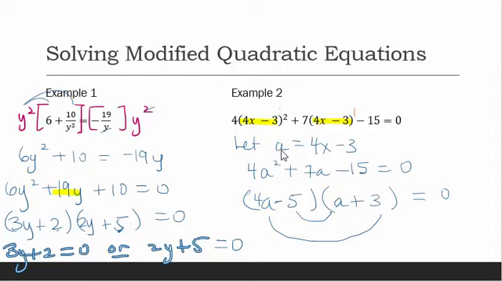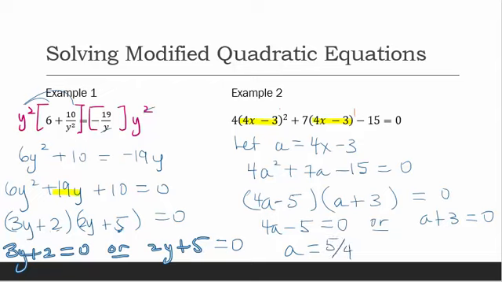And then plus negative 5 times a, which is negative 5a. And that gives us 7a. So set each of these factors equal to 0. And solve. So a is equal to 5/4 for the first equation, or a is negative 3 for the second.